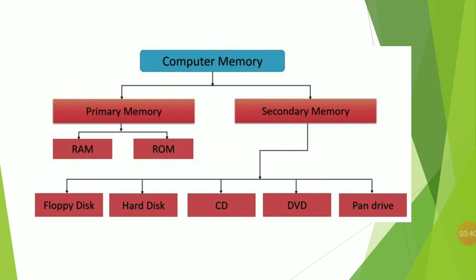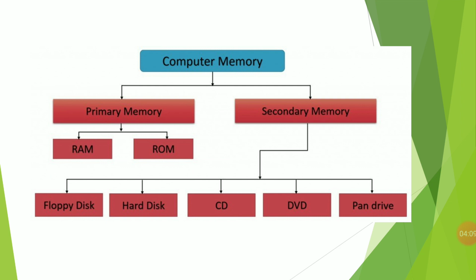Primary memory is a place where data and programs are stored temporarily as long as they are being executed. It is very fast and expensive but has limited storage capacity. Primary memory is further classified into two different parts. First one is RAM, second one is ROM.